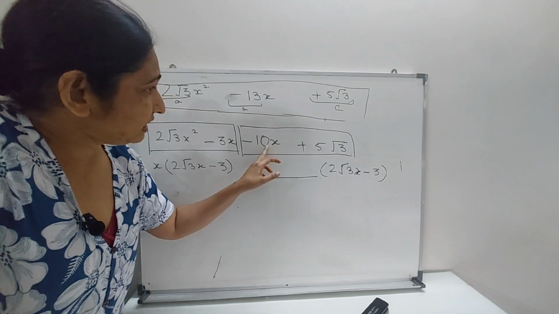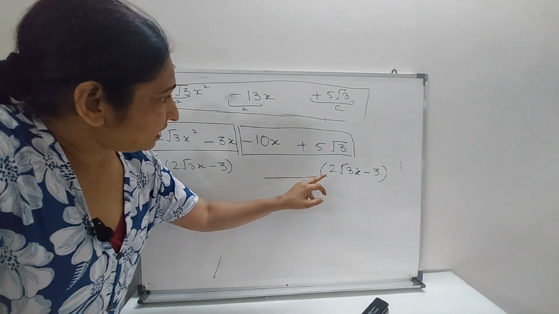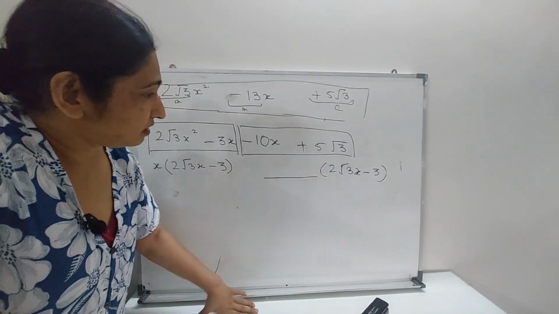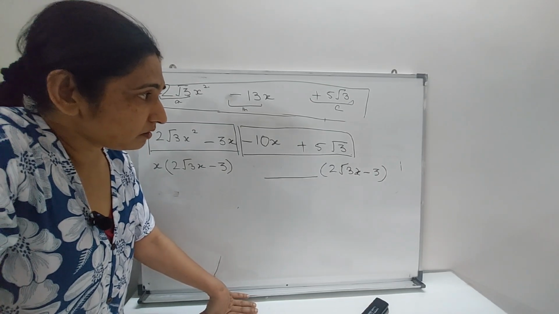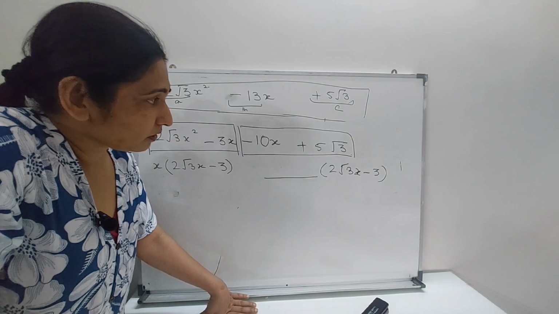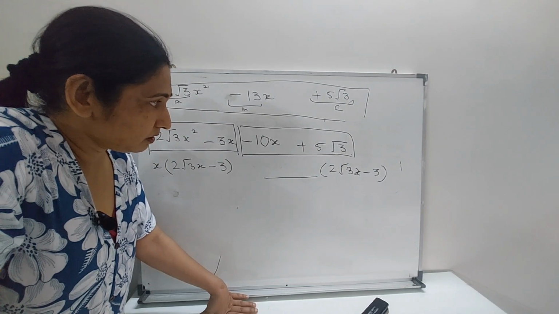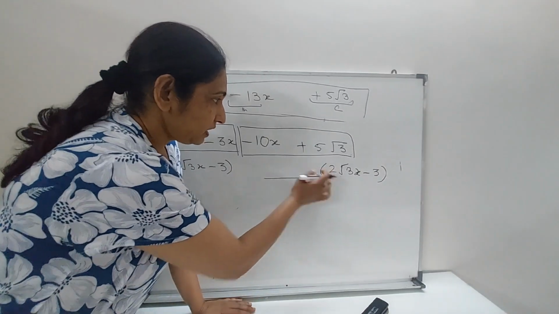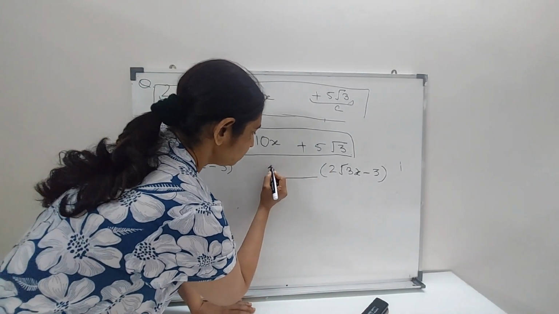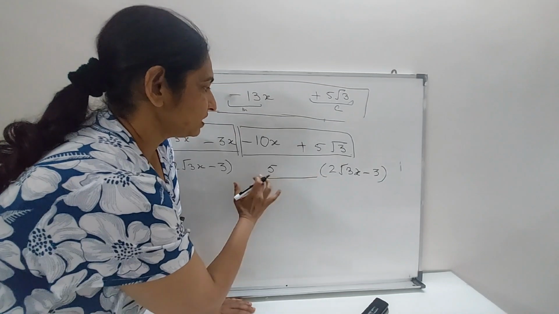Now from 10, I need 2 root 3. What does that mean? That means for 2, I'll have to take 5 common. This will give me 10.